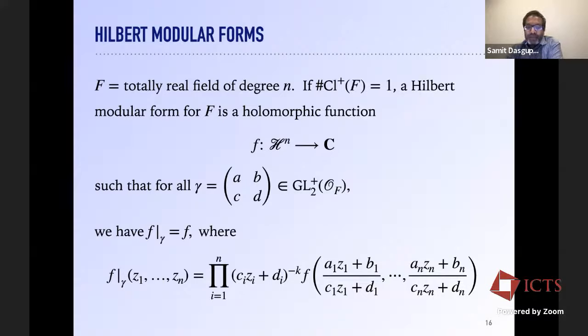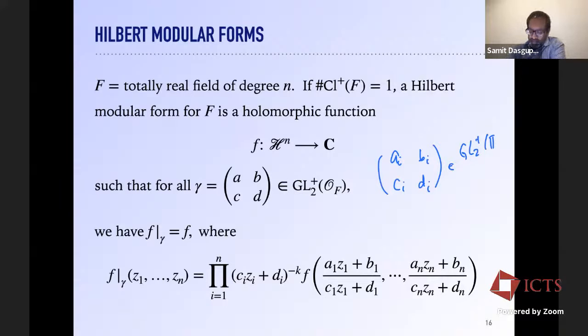So for my matrix (A, B, C, D), I can take the embedding of this matrix into each of the n real places, and that gives me matrices in the real numbers (A_i, B_i, C_i, D_i), for each i. This is going to be a matrix in GL2 plus of R, so just matrices in GL2(R) with positive determinant.